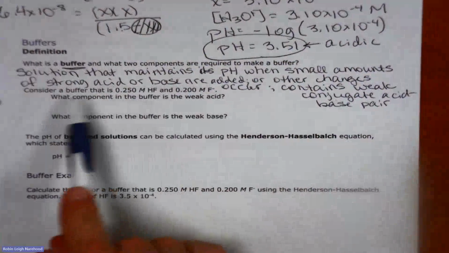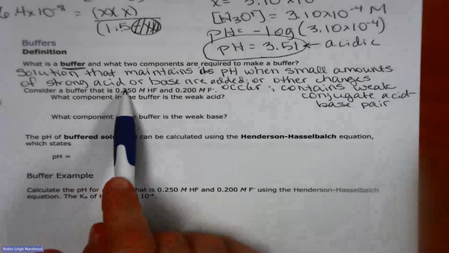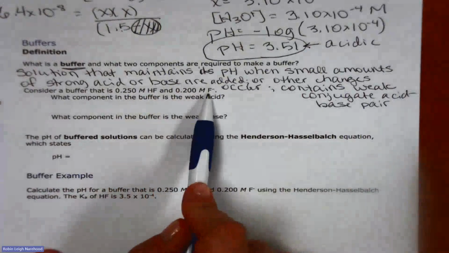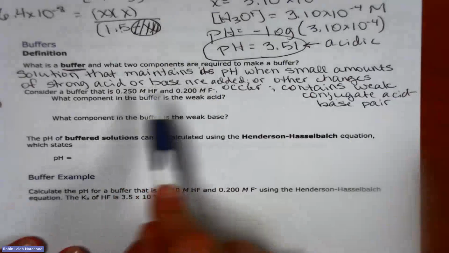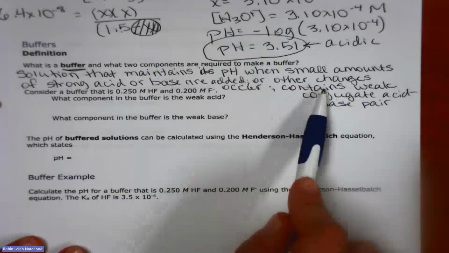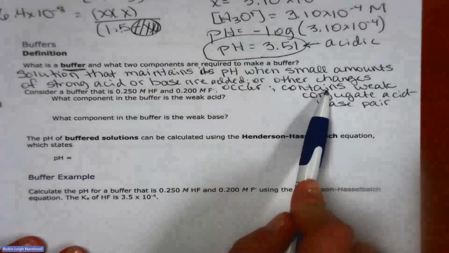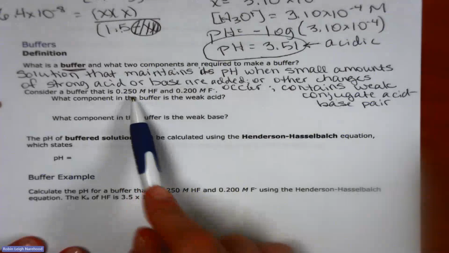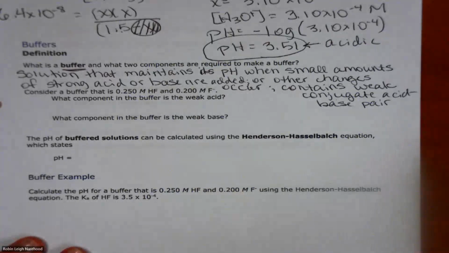So here we have an example. We have 0.250 molar HF and 0.200 molar fluoride. In order to be a conjugate acid-base pair that's a buffer, it actually has to contain nearly equal, measurable amounts.